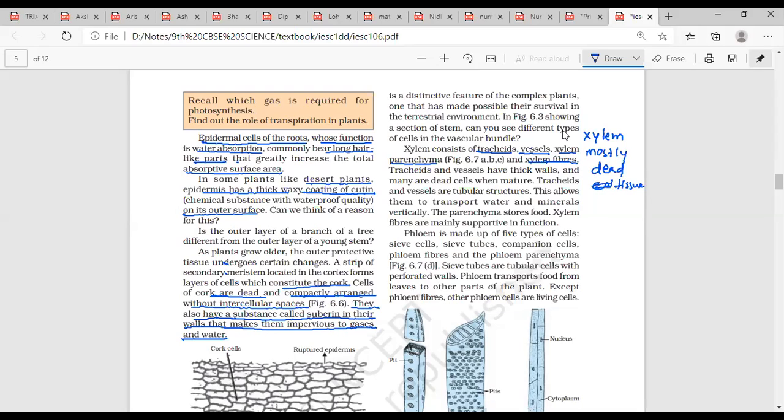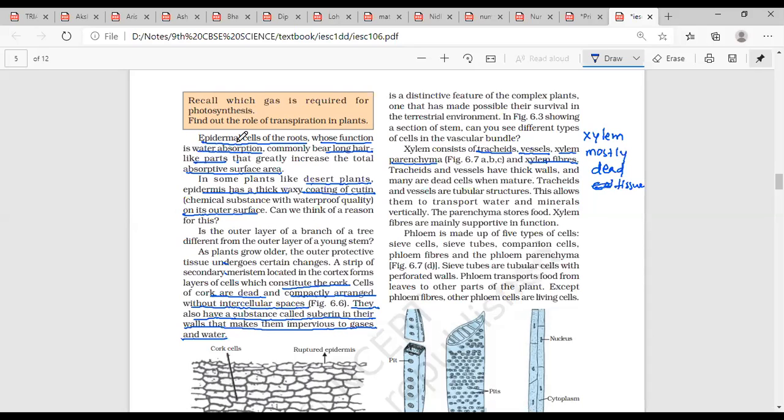Tracheids are there, but they don't perform any function; the vessels perform the function. The lower level plants have tracheids as vascular tissue, which conduct water and minerals towards the leaves. So tracheids and vessels are the main tube-like structures which work for conduction of water.